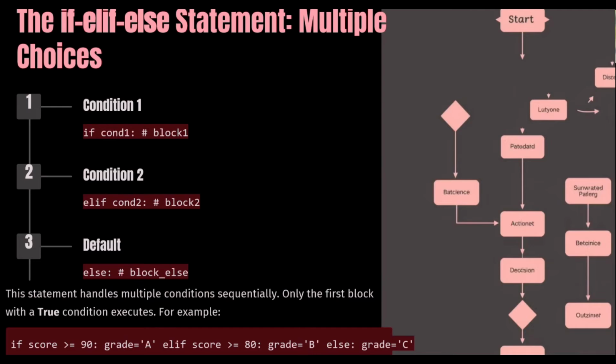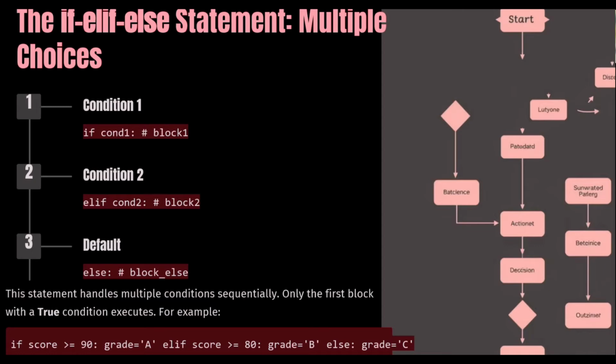The third type of conditional statement uses multiple statements: if, elif, and else. When there are multiple conditions and multiple statements to print, meaning n number of conditions and n number of statements, you use if, elif, else. This gives multiple choices.